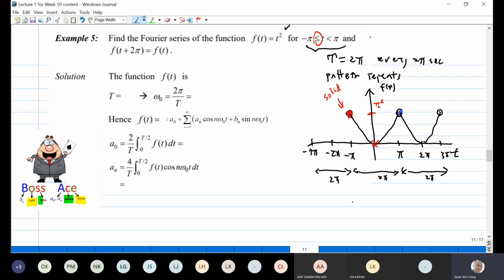So this solid circle here moves to here. Then this open circle, this original is open, right? Originally this is open here.